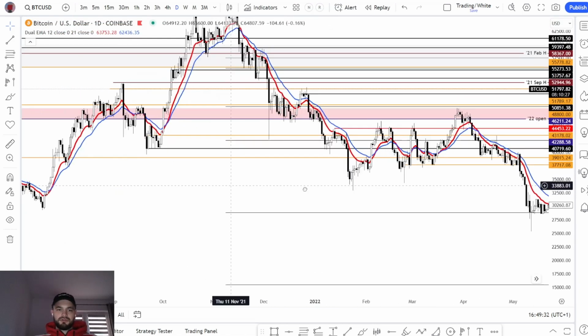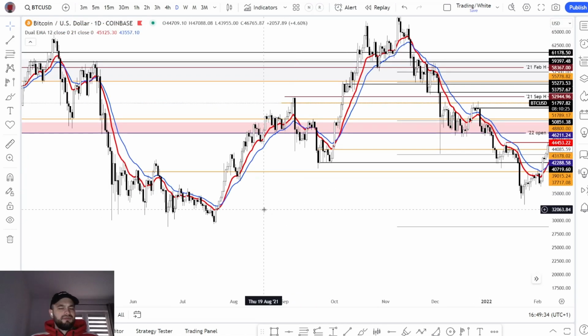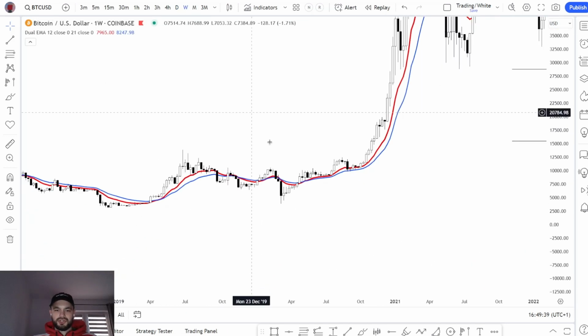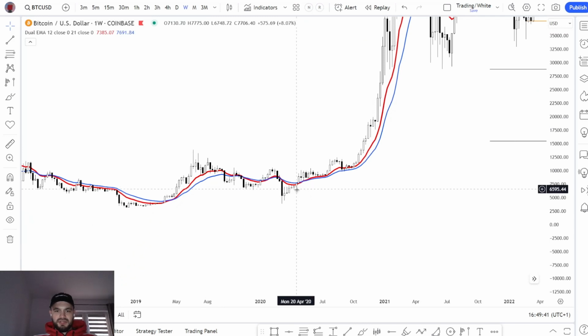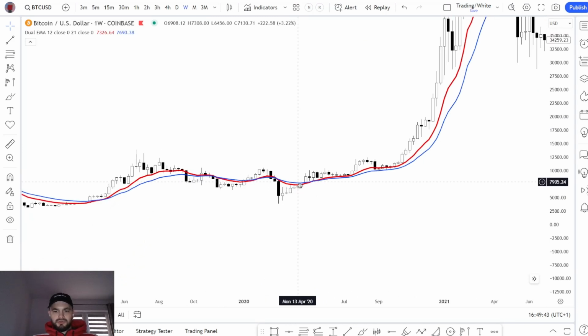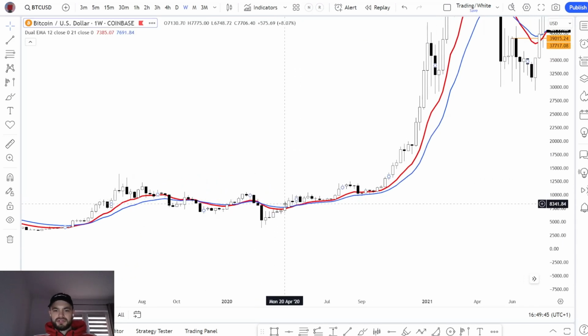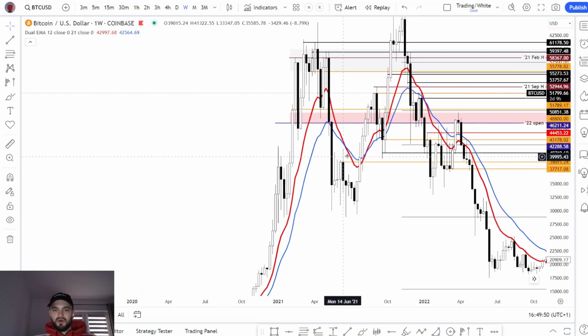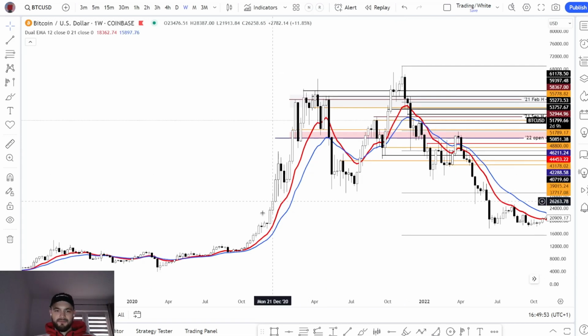I mean, you could go on basically any chart, and going to the weekly would make it even more confluential. Like, just see, April 2020, we managed to cross above the blue line. So it's been going on all the way up until the June of 2021.